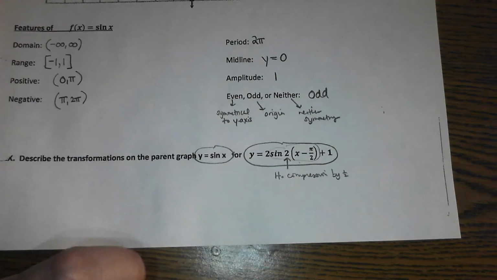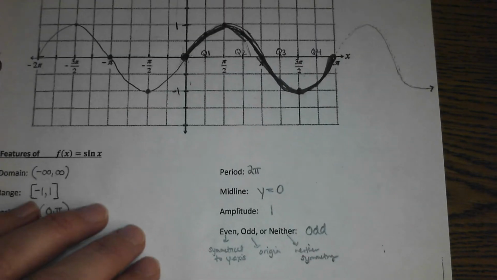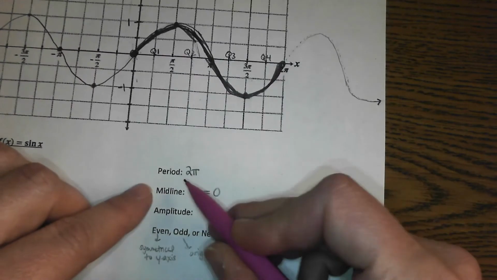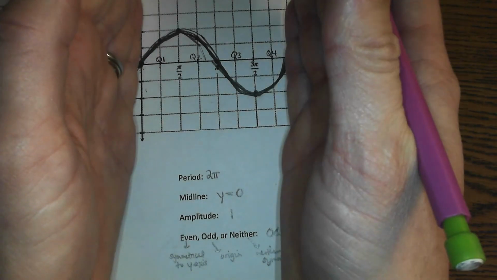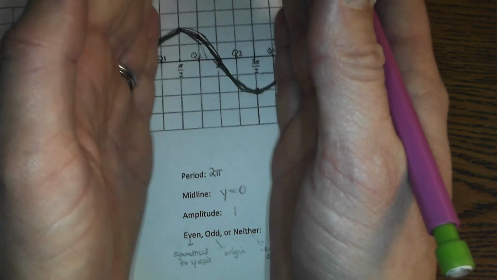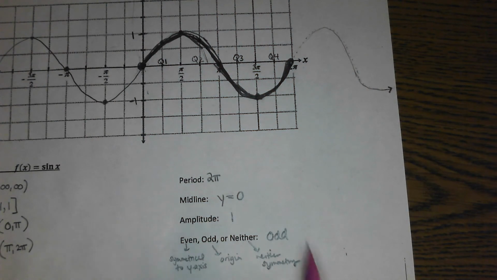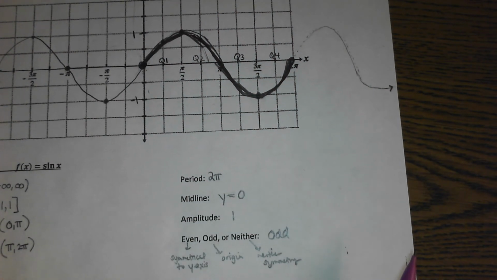Now, when you horizontally compress a trig graph, so I'm going to smush it in horizontally, is that going to affect the period, midline, or amplitude? The period, right? If I horizontally compress this, it's going to affect the period, which used to be 2 pi, and then I smushed it in, so it's going to be a little bit smaller than that. Yes?